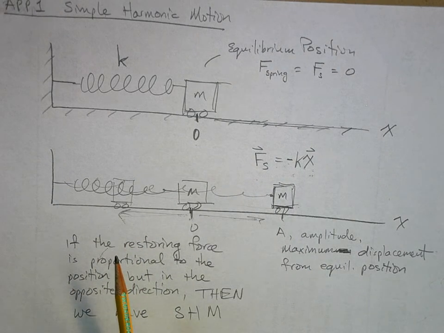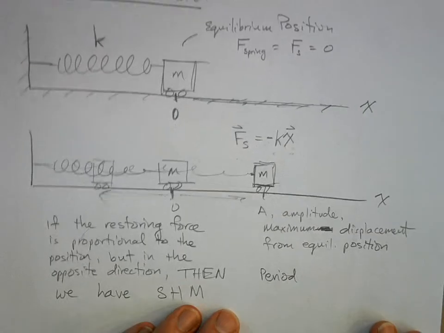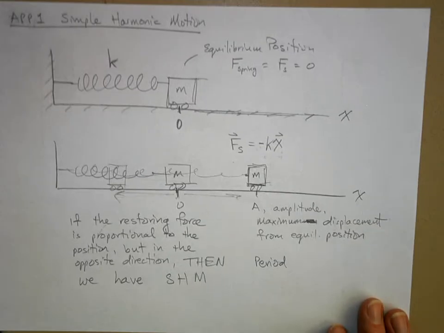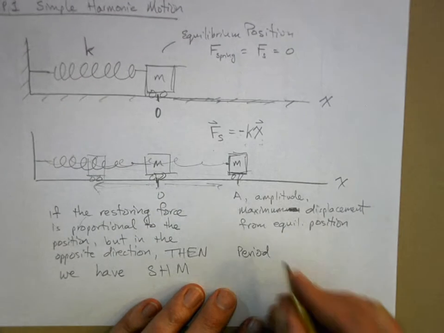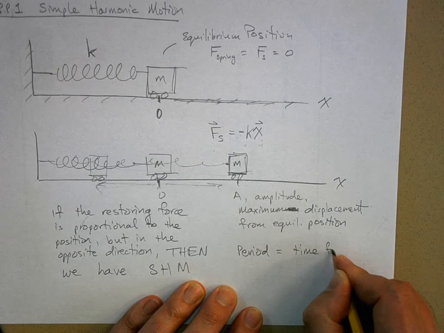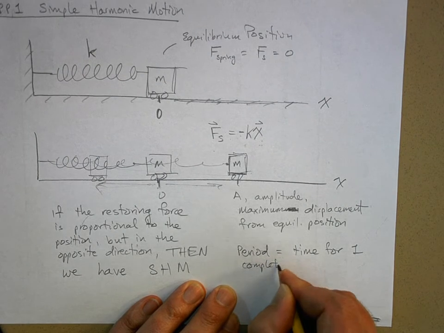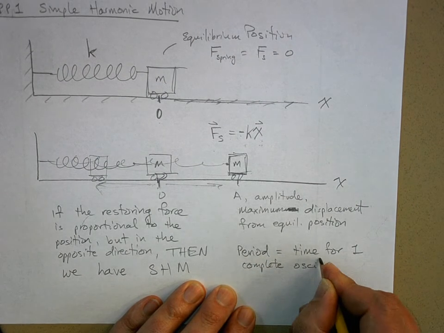Well, the time it takes to make one complete oscillation is called the period. So the period is the time for one complete oscillation.